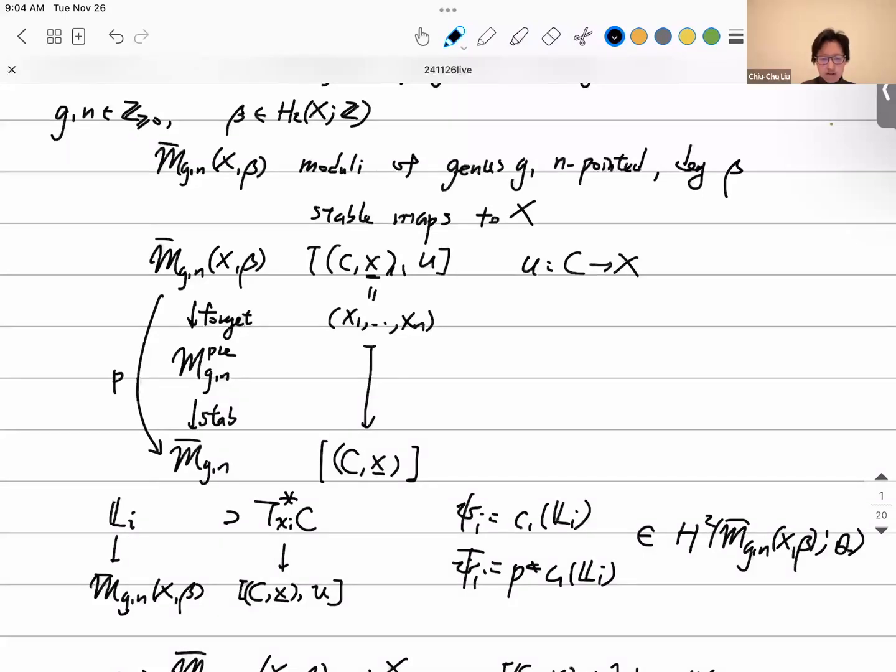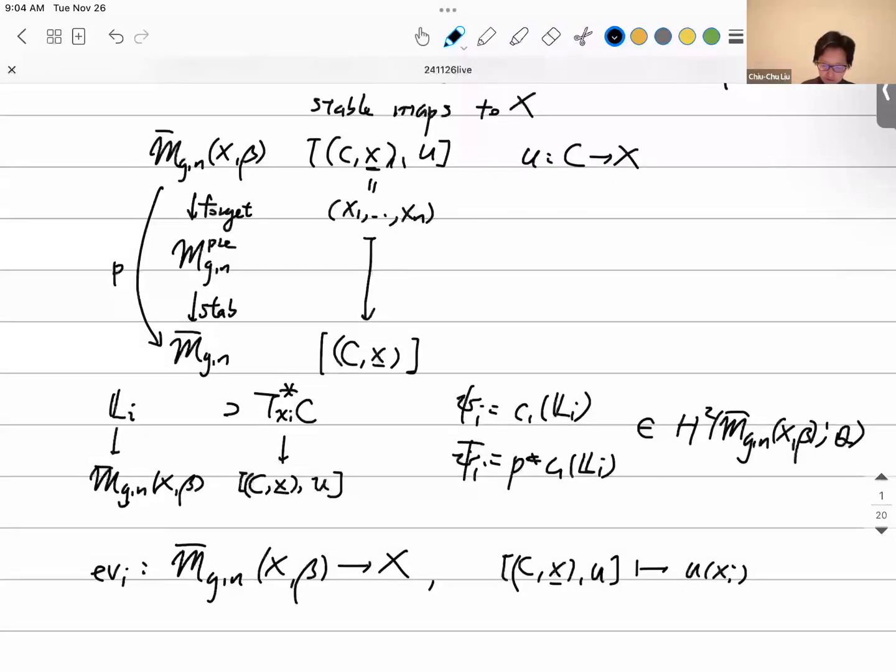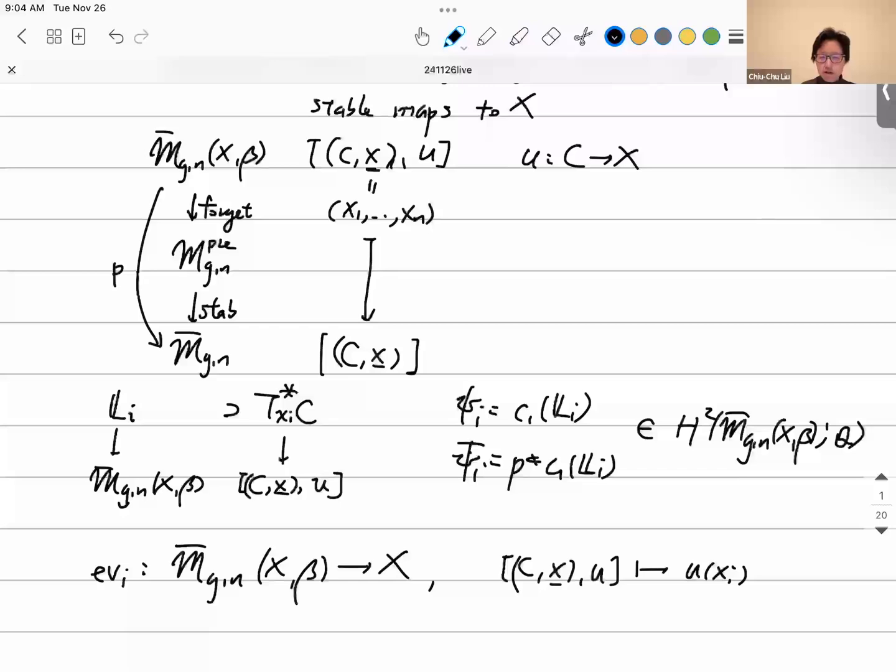Similarly, we can define L_i on M-bar g,n, and the pullback of L_i is not the same as L_i. We call the pullback class psi_i bar. This is a second cohomology class with rational coefficients on the moduli space. We also have, for each marked point, an evaluation map at the i-th marked point.